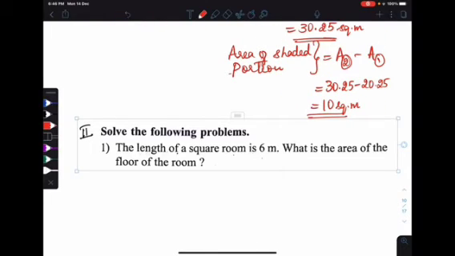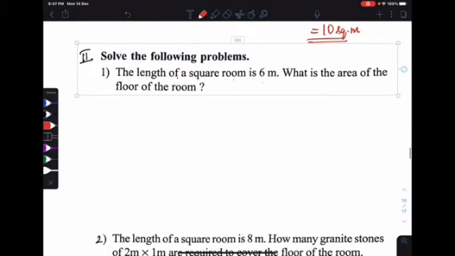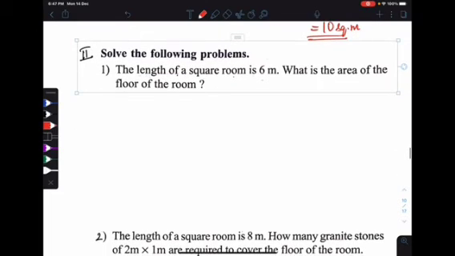Now moving on to solving a few more problems. Solve the following problems. The length of a square room is 6 meters. What is the area of the floor of the room? So the given is length is equal to 6 meters.